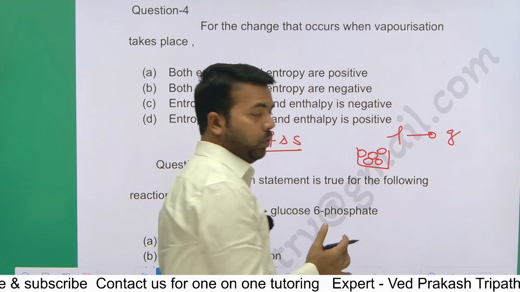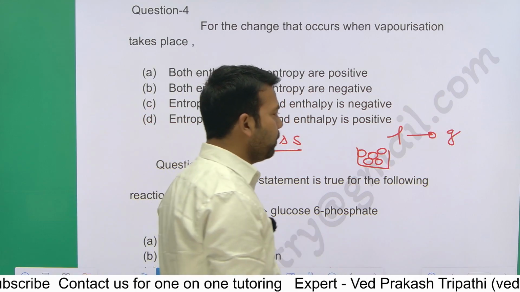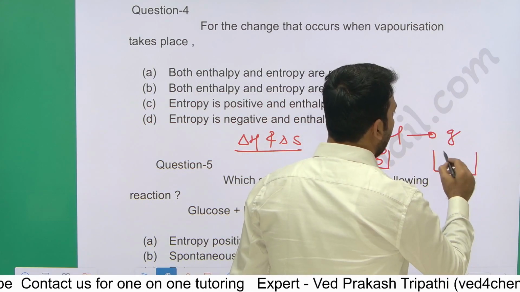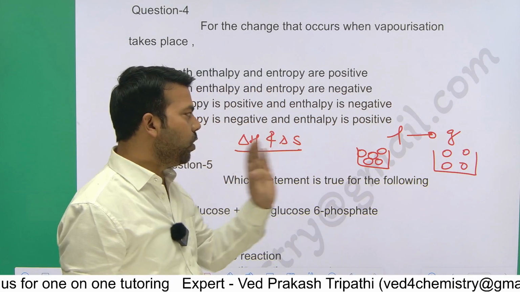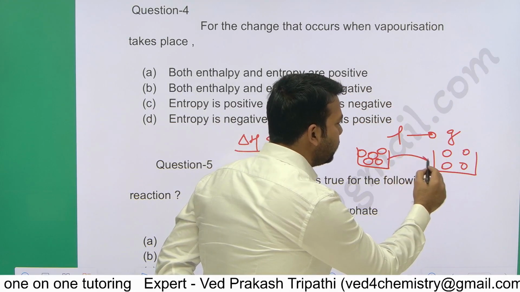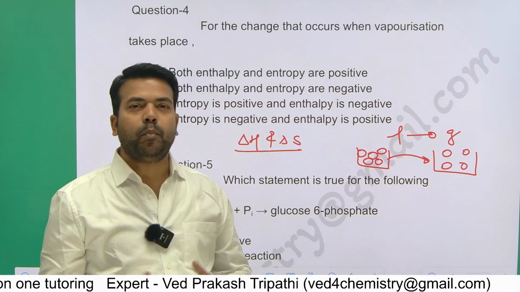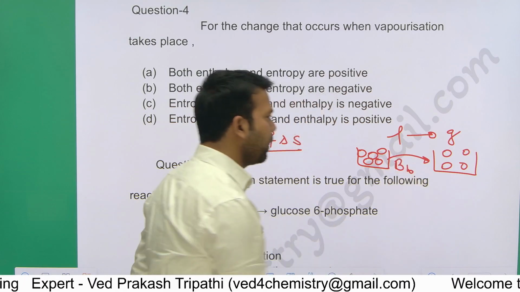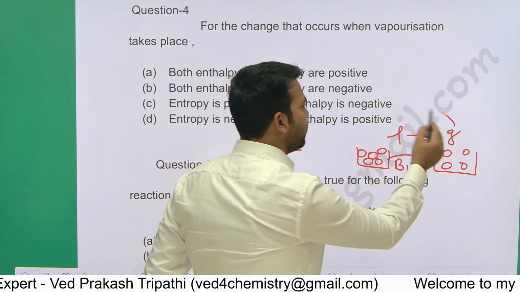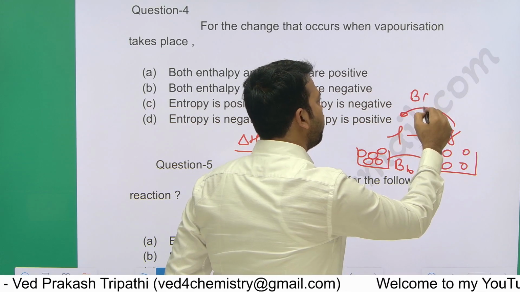They have good intermolecular force between them, and gaseous molecules are a bit far from each other. So if you are moving liquid to gas, it means there is a bond breaking. And if you are going to reverse, gas to liquid, this is bond forming.